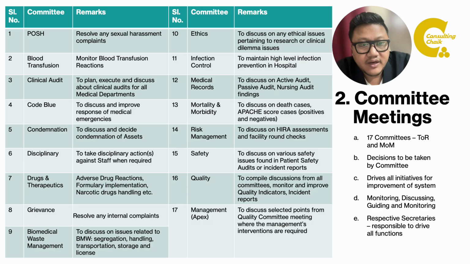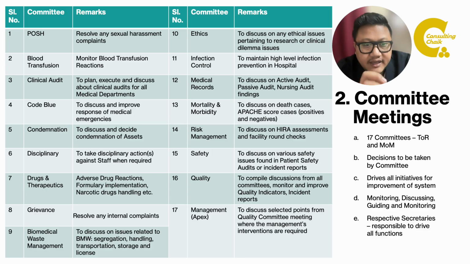Okay. Then for quality, you have the quality committee. So the quality committee basically oversees every committee's work. They compile it, they discuss it, they talk about the quality indicators and the incident reports.